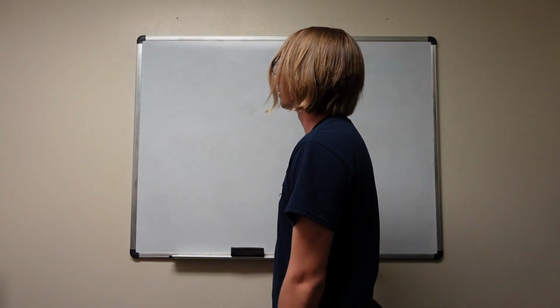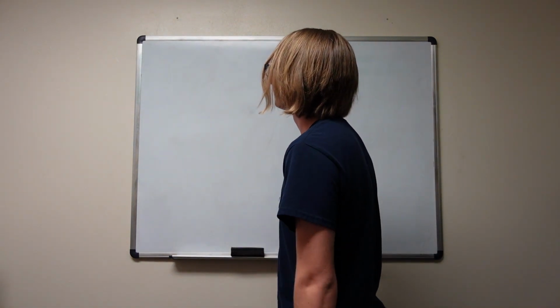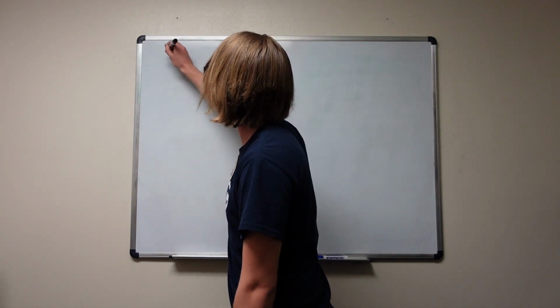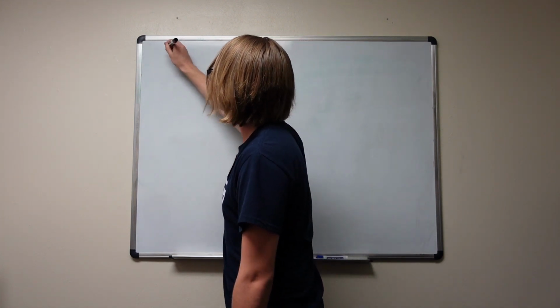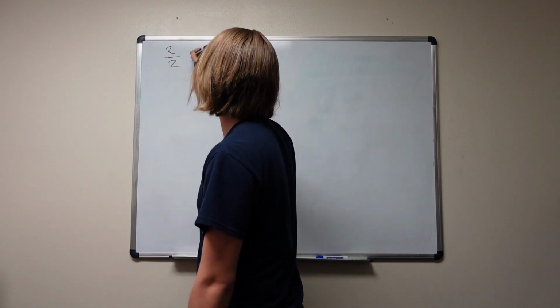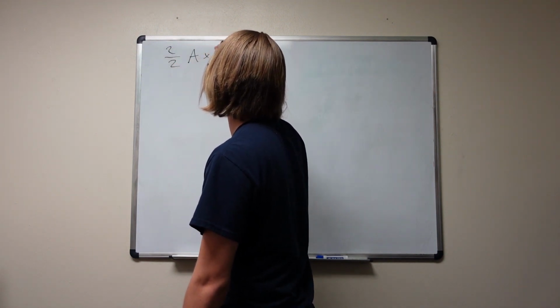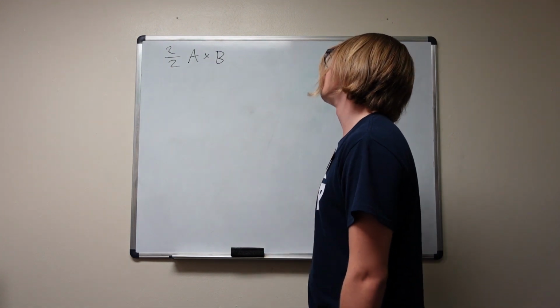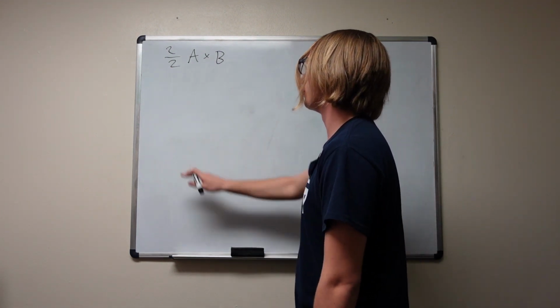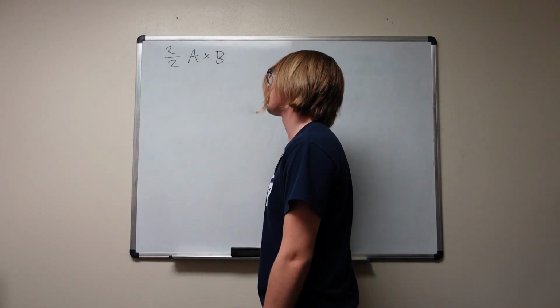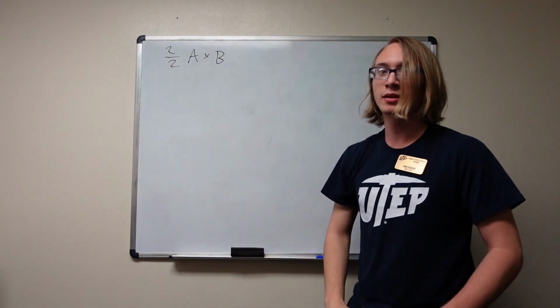So starting the workshop, we're going to have the double and half trick. What it is, basically, if you have two numbers that are multiplied, let's call them A and B, then the idea is if you multiply by 2 over 2, it's the same thing as multiplying by 1.